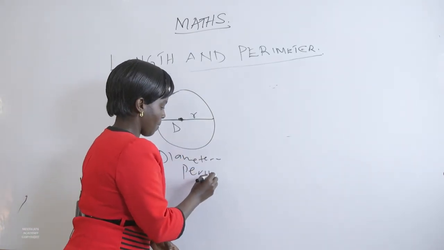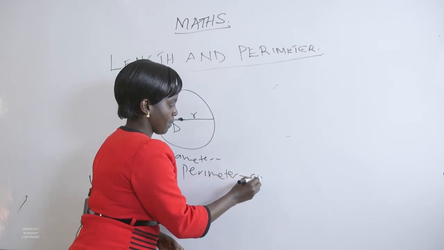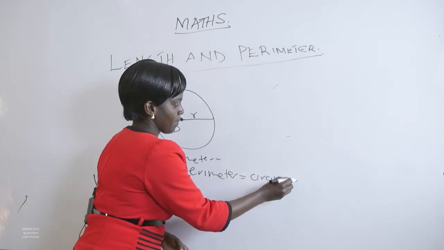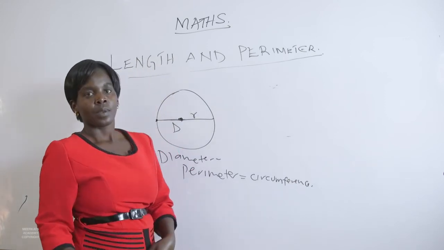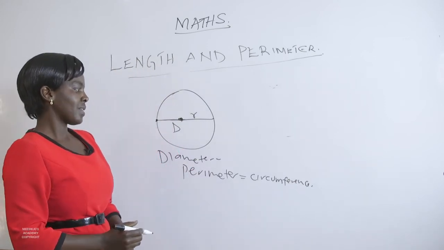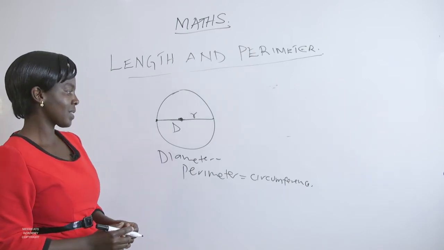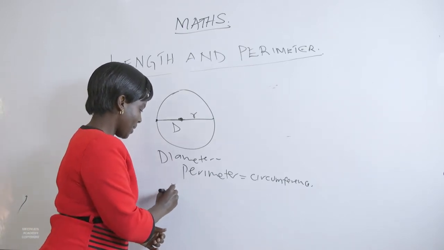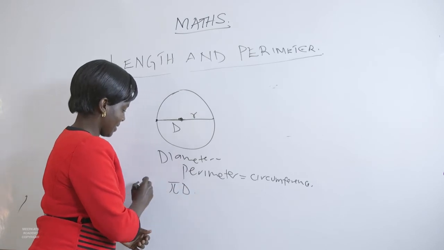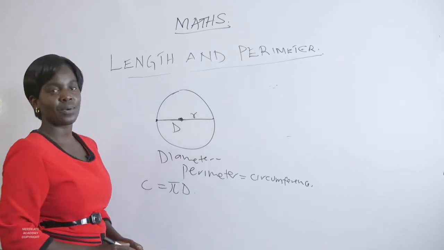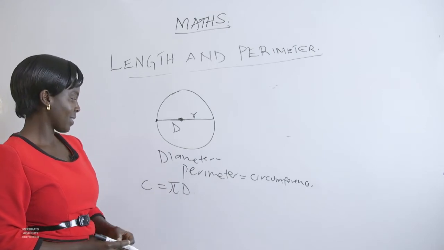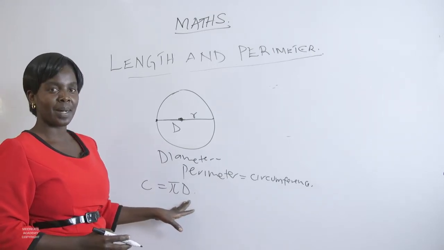So for us to find the circumference of the circle, we use the formula pi d. The circumference of the circle we find through the formula pi d.